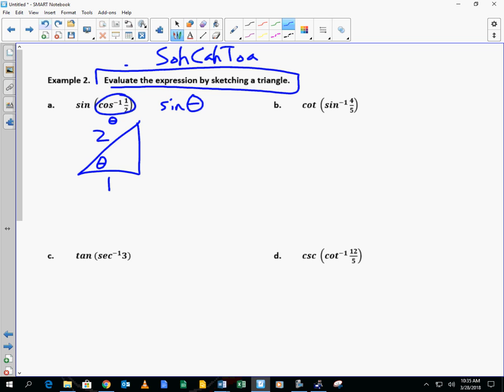Do you have the opposite side? No. Can we find it? Yes: 1 squared plus b squared is equal to 2 squared, so 1 plus b squared is equal to 4, so b is equal to the root of 3. So sine is opposite over hypotenuse, root of 3 over 2, and that's my answer.